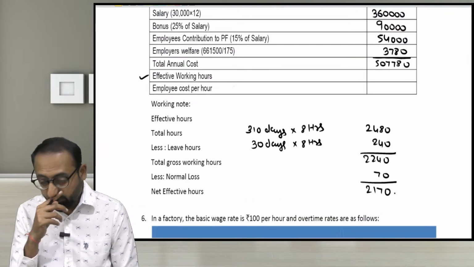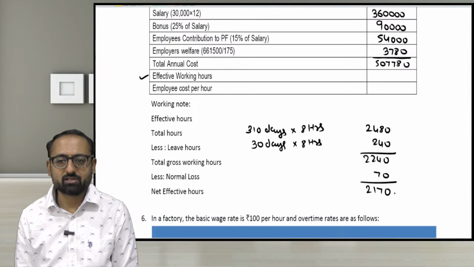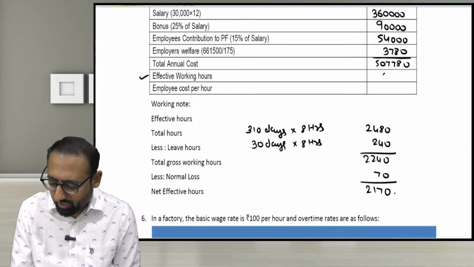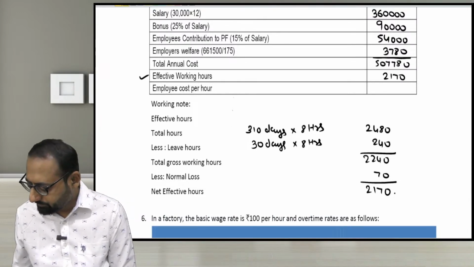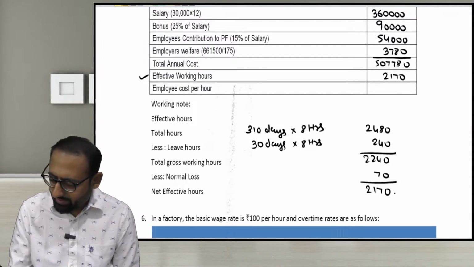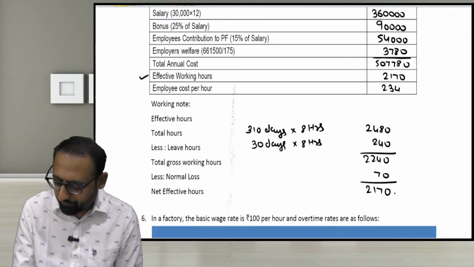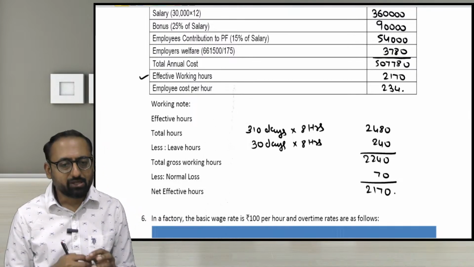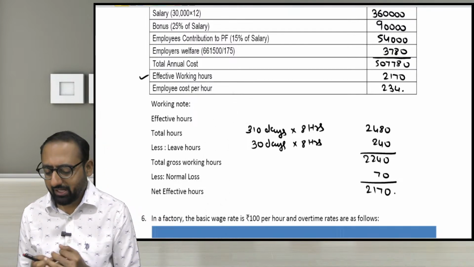So we will divide the total cost of 5,07,780 by 2170. Your answer comes to 234. So your inflated wage rate will be 234.